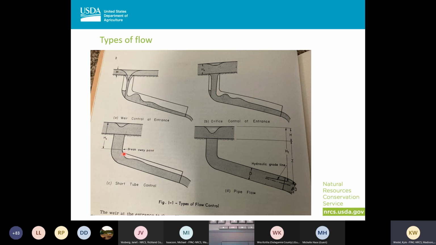Even in field tests, they have a hard time because basically the difference between the two of them is in orifice flow, you're going to have this air pocket here, whereas in the short tube, you're not. And the water gets so turbulent, a lot of times they can't tell if the air is just from the turbulence or if it's because it has shifted over to the short tube control. The short tube control, we didn't really go through it, but if we were to calculate it, it's the same equation as the orifice flow.